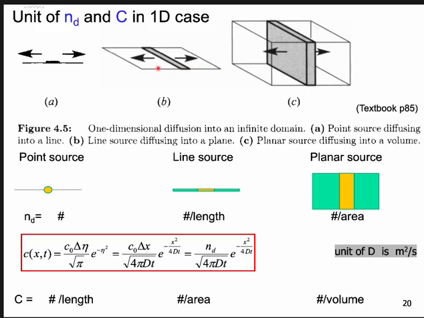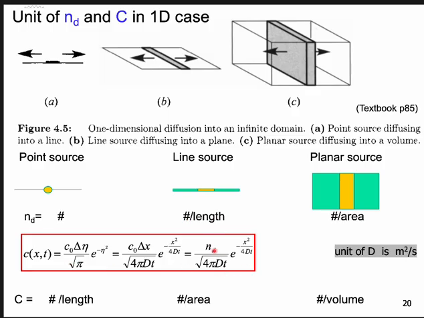You get the concentration changing mainly along one dimension. So we also call this the one-dimensional diffusion case. You have a line diffusion source and it diffuses along the two-dimensional matrix, which can be a sheet or something. So the unit for this line source will be the number of diffusing atoms per length.